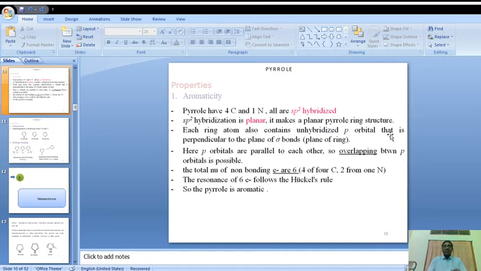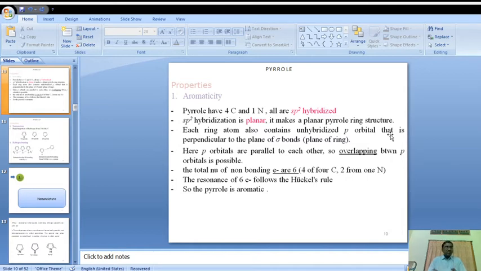Overlapping means all those four carbon atoms' unhybridized p orbitals and the nitrogen's unhybridized p orbital. That nitrogen unhybridized p orbital carries a pair of electrons, but even so it undergoes overlapping.